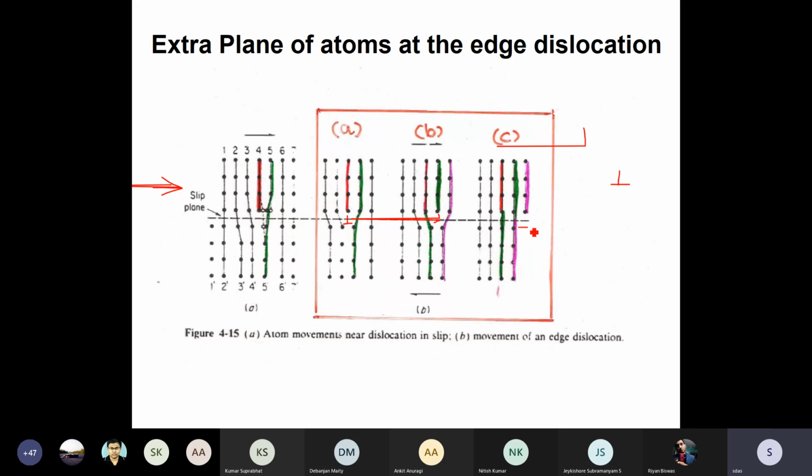The magnitude of this offset is the magnitude of the Burgers vector. Any question? So this is how you break one bond at a time, instead of all the bonds simultaneously when you calculate the theoretical shear strength.